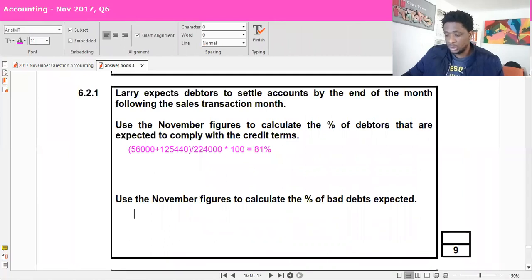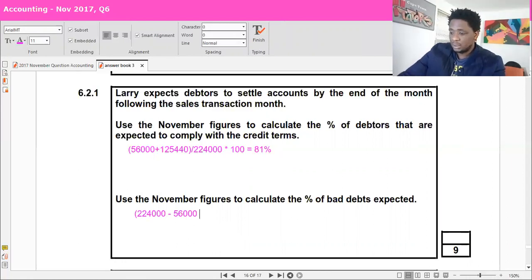So rather than adding that amount, if you add all those amounts of the people that pay, then you get the good debtors. But to get the bad debtors, you have to subtract from that 224,000 and then see how much you will have left. So you take the 224,000, and then subtract the 56,000 because these ones are not going bad.